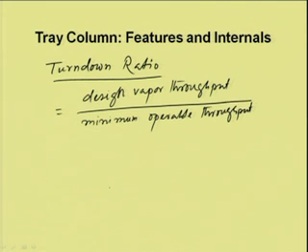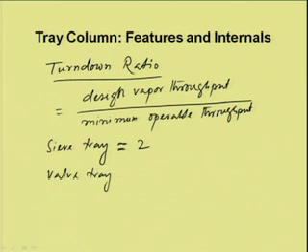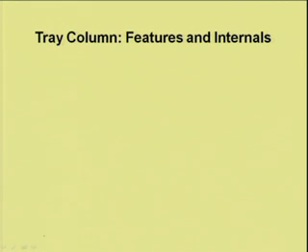Sieve trays generally have a low turn down ratio, around 2, and in the case of valve trays it is around 4. The tray spacing is an important requirement to operate the column successfully.